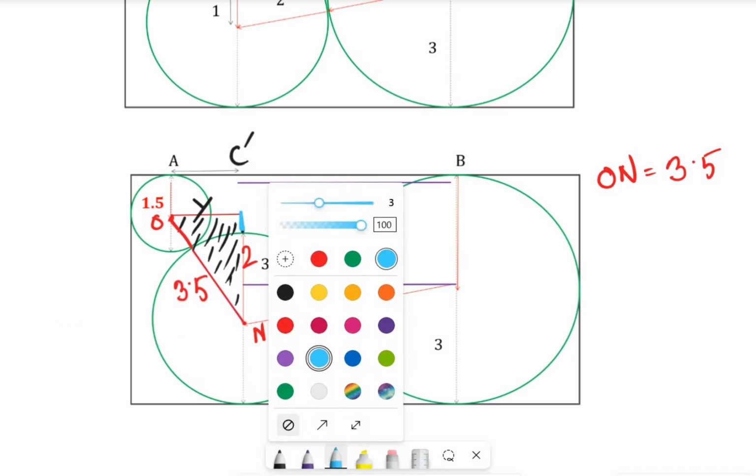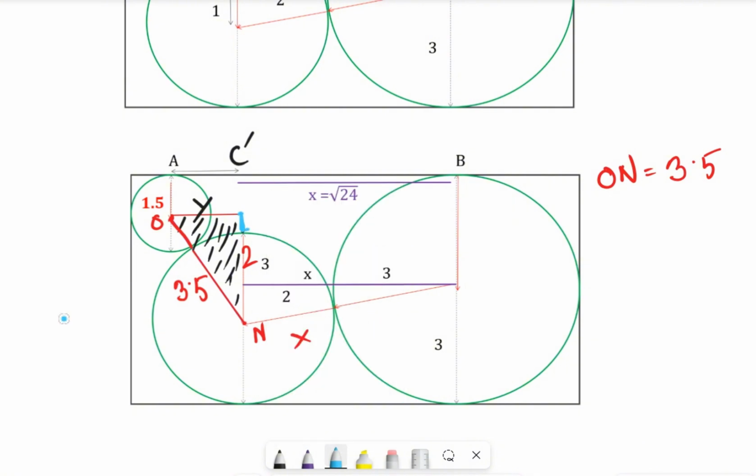This length, which is very important right now, right? So the total length from here to here is 6 unit.